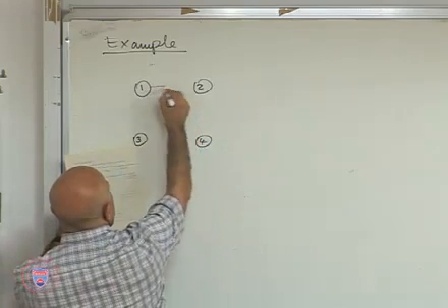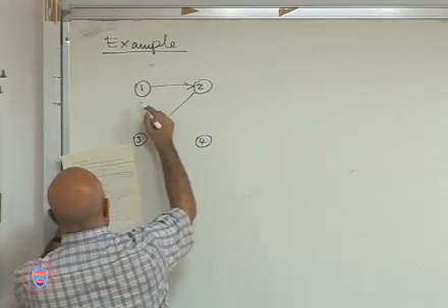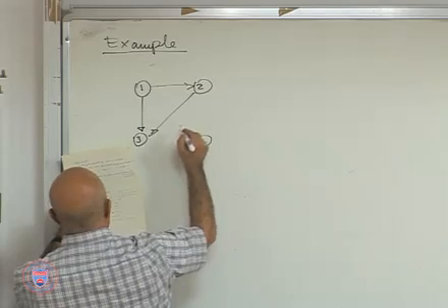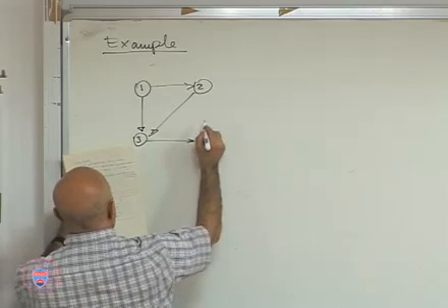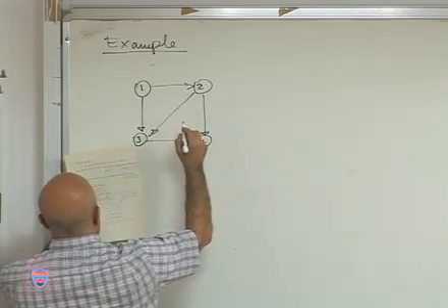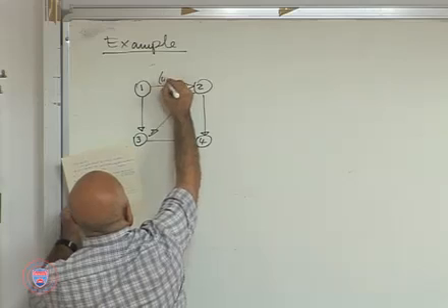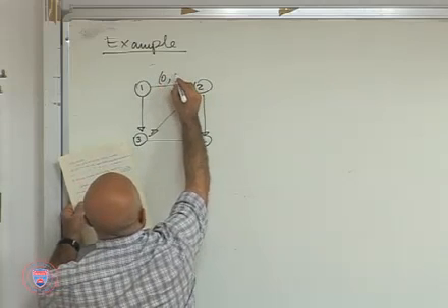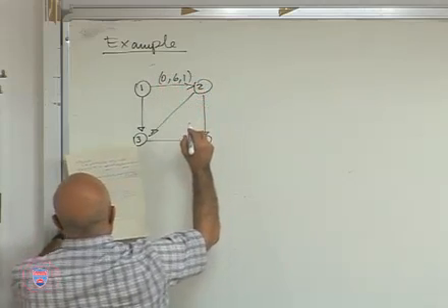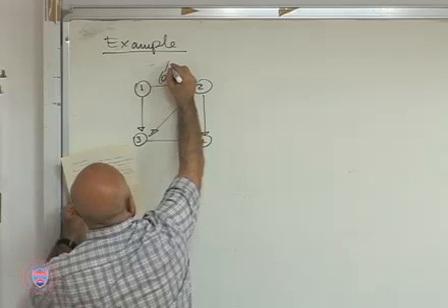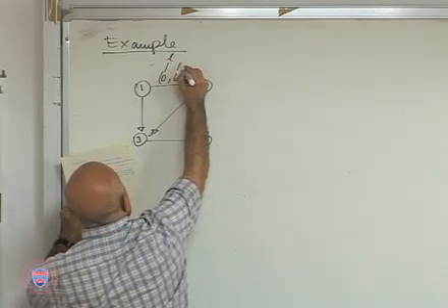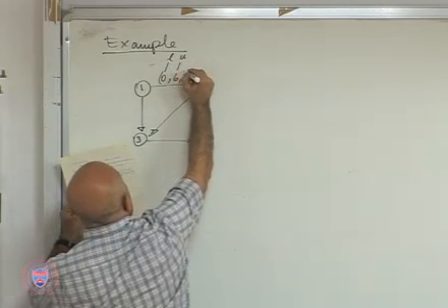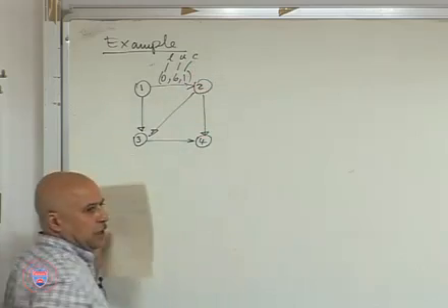All right, so here's a simple network. The first entry refers to the lower bound, the second entry refers to the upper bound, the third entry refers to the cost element.